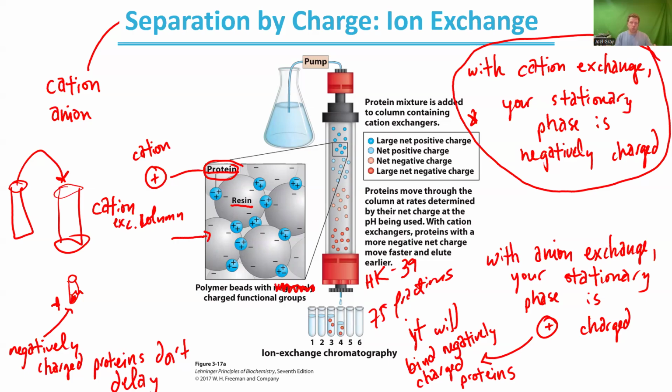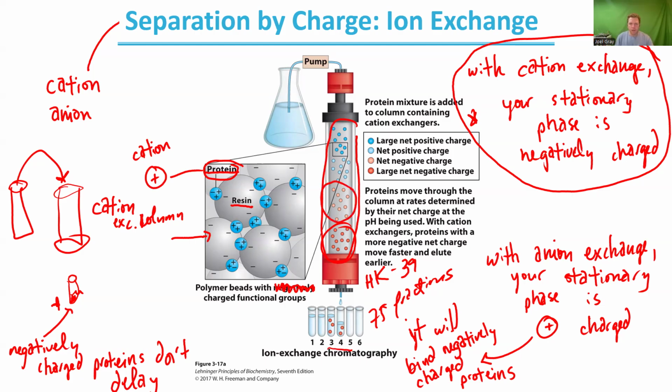Okay, Melanie, that's a great question. So let's take this chromatography column right here. The dark red proteins are going to come out in, say, fractions 3, 4, and 5.